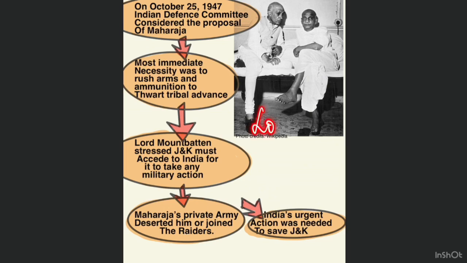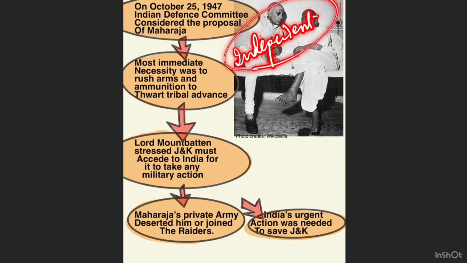Lord Mountbatten said that you cannot send your military, because Kashmir at that time was an independent country. It would be difficult for you to invade an independent country. You first have to let Kashmir accede to India.